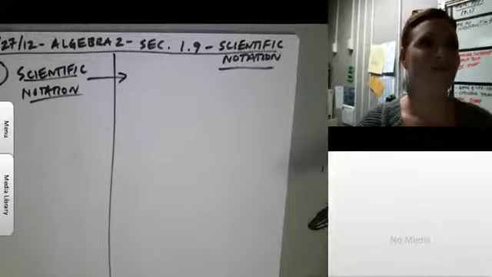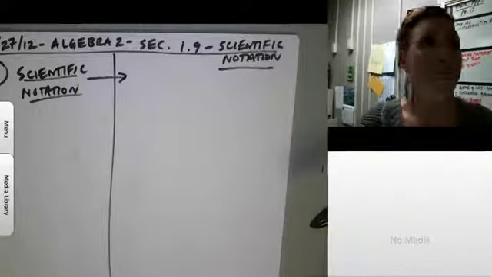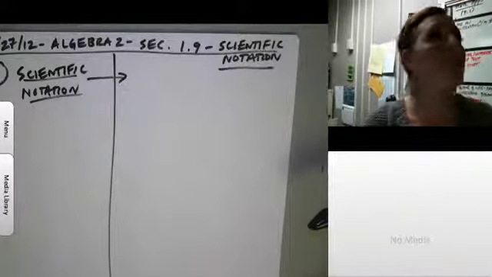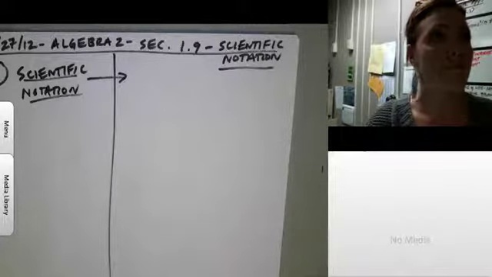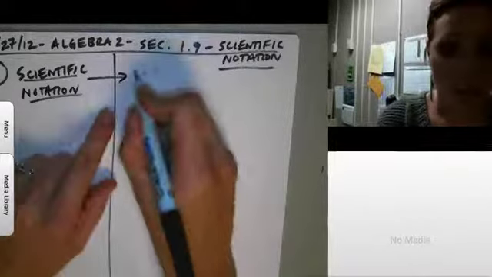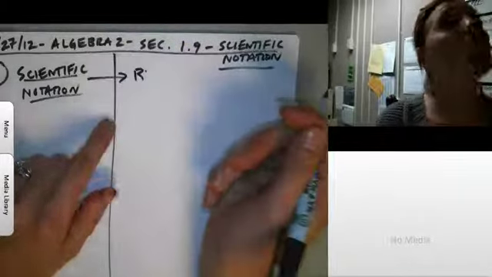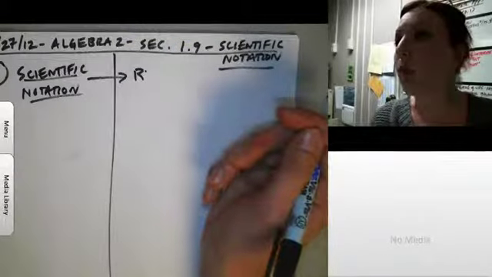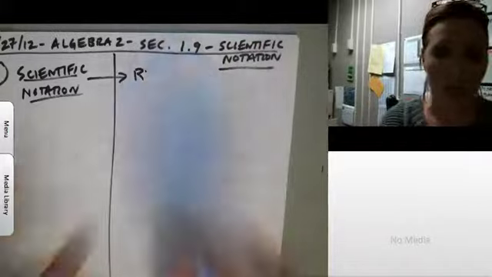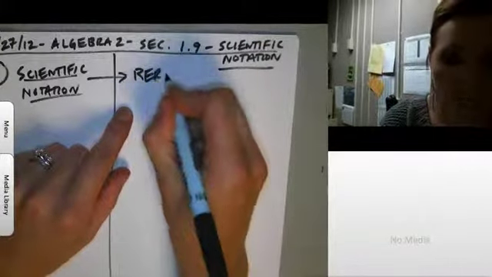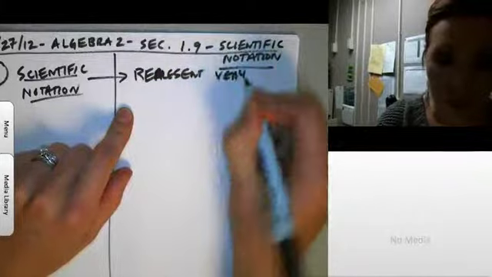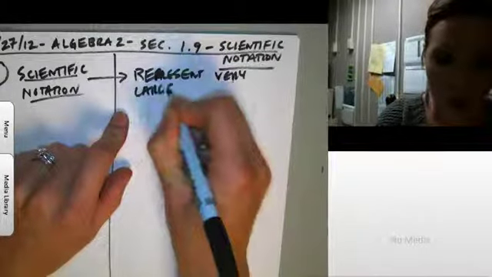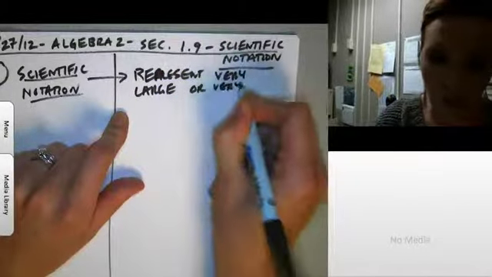So you can convert. Okay, so you're converting numbers. Excellent. Michael? Perfect. Okay, it's a way to write numbers so that you can represent very large or very small numbers.